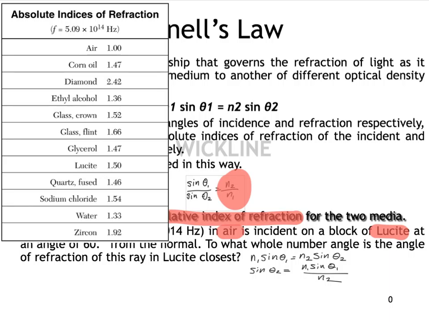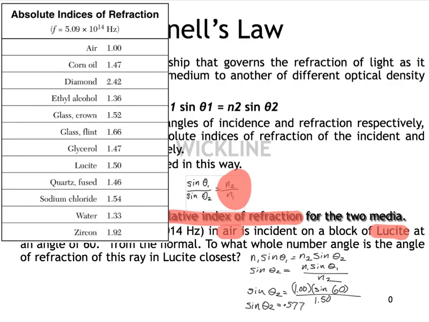The best I can do in terms of rearrangement right now is to say that sine of theta 2 will be equal to n1 sine theta 1 over n2, and then I'll have to do an inverse sine function to isolate theta 2. The index of refraction in air is 1.00, and the angle of incidence was 60, so I put in sine of 60, and we finish up with the index of refraction for lucite, which is 1.50 according to our table.